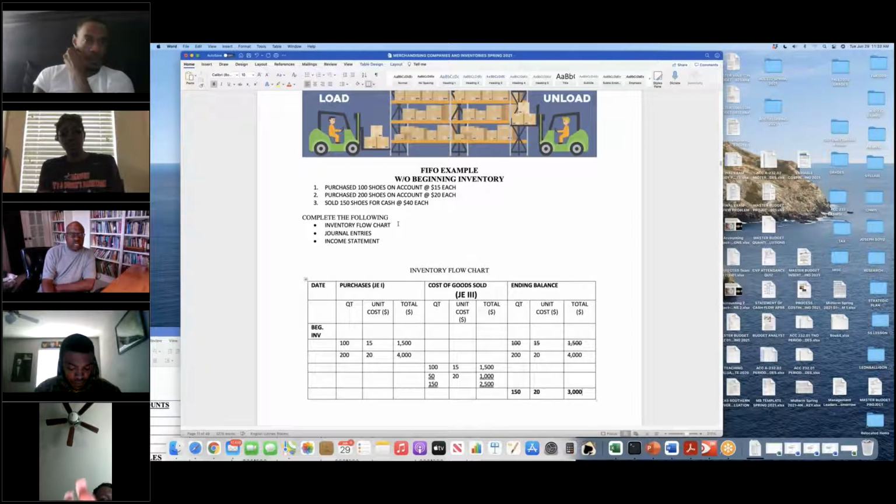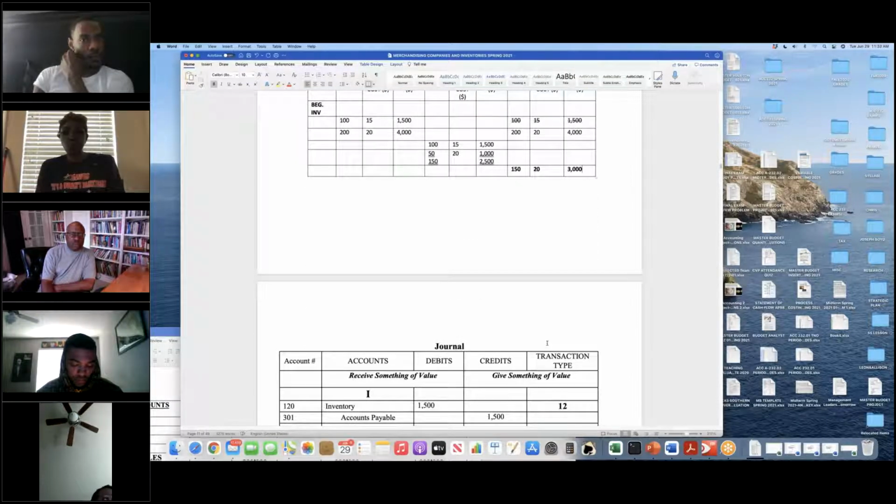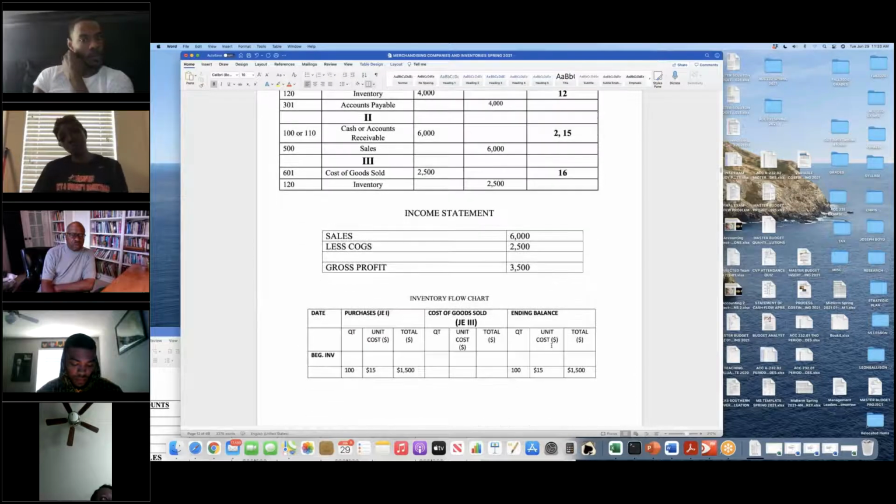And then when we did the sale, we sold the old 100, and then we sold a new 50. And so our cost of goods sold on the FIFO was the oldest one sold and then these. So that's how FIFO worked. We made our journal entries.